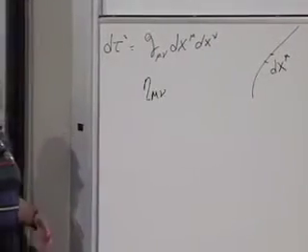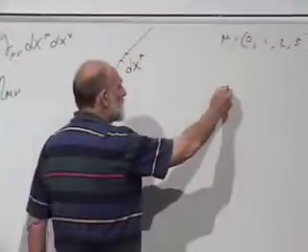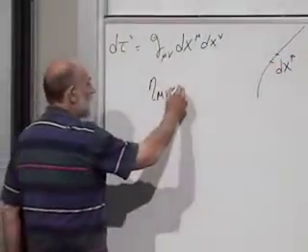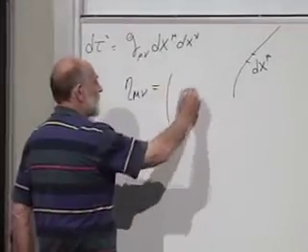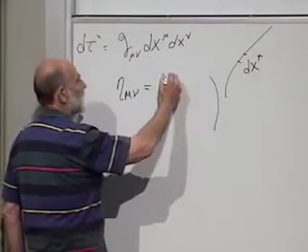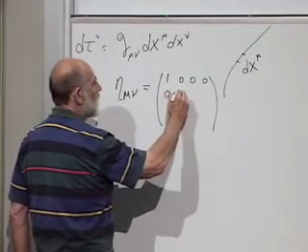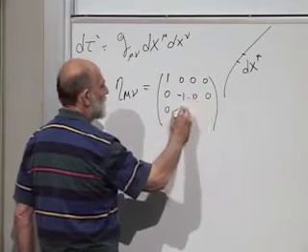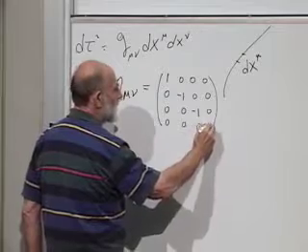Eta mu nu is the analog for space-time of the Kronecker delta symbol delta mn for ordinary space. And it's given not by 1, 1, 1, 1. It's a 4 by 4 matrix, given by 1, 0, 0, 0, 0, minus 1, 0, 0, 0, 0, minus 1, 0, 0, 0, 0, minus 1.